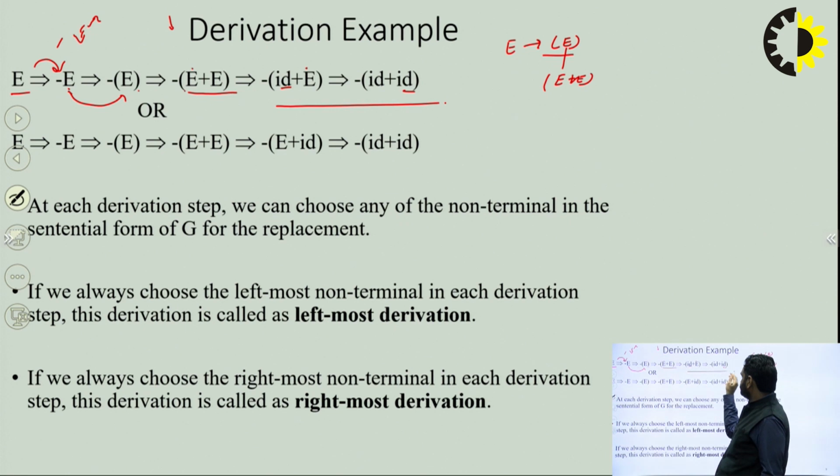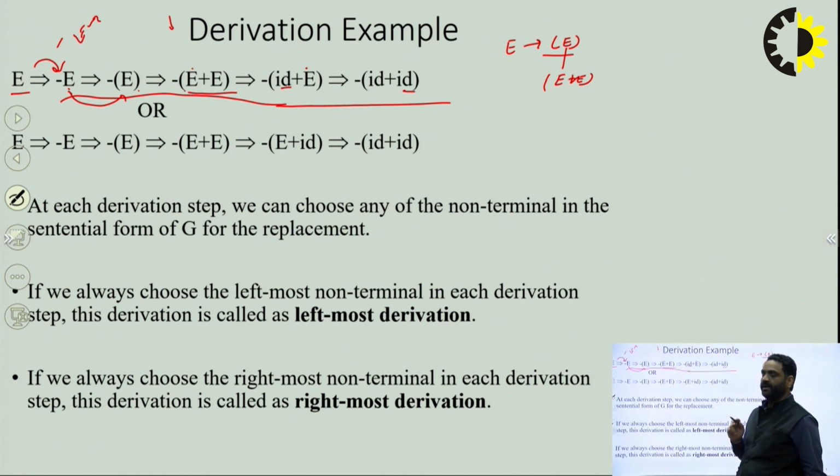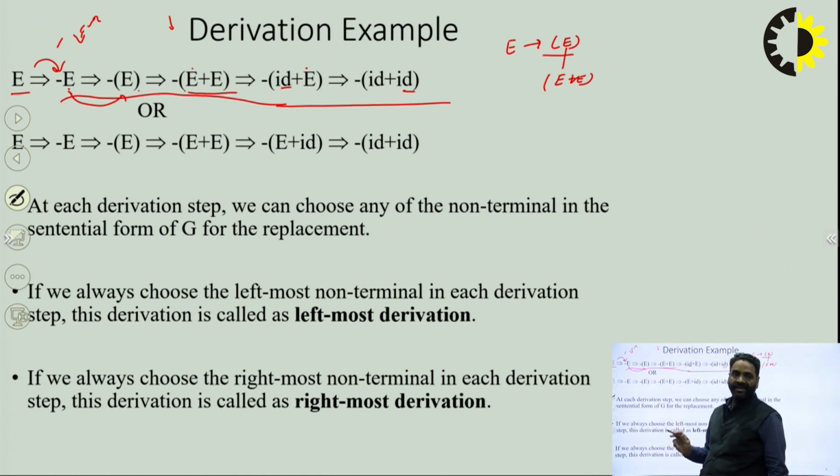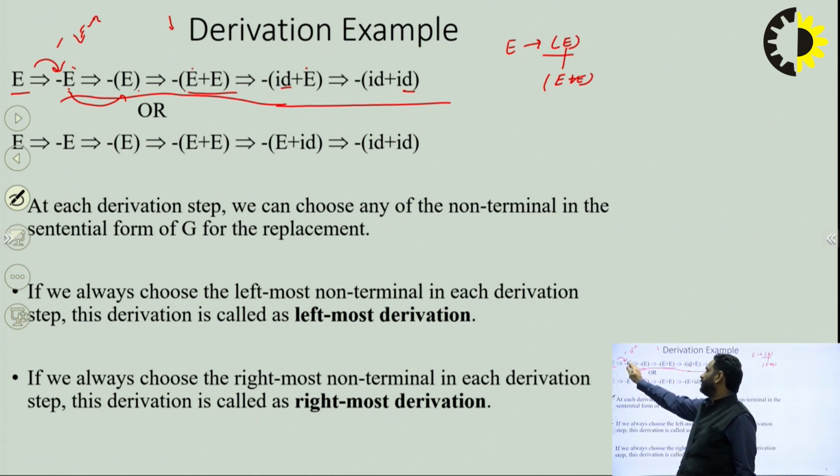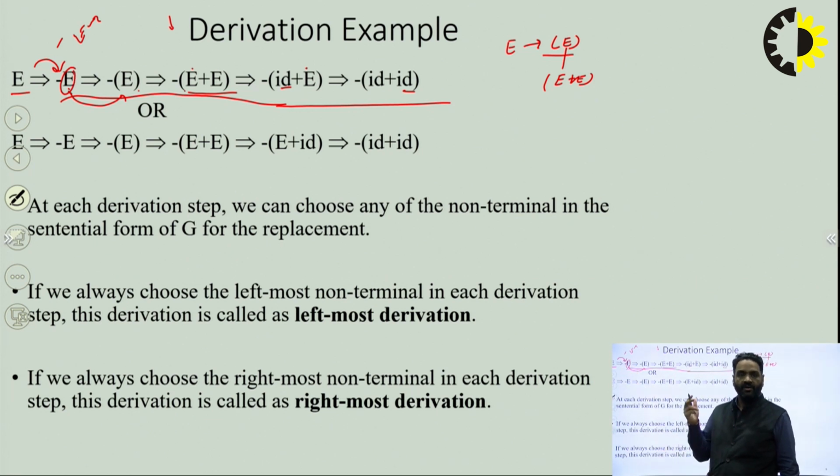You can see that in each replacement we are choosing the leftmost symbol, so this is a leftmost derivation. At first there is only one symbol, which is both leftmost and rightmost. In the second step it is also a single symbol to expand. Here we have two different variables, and we can easily find which one is leftmost and which is rightmost: this is in the left position and this is in the right position.